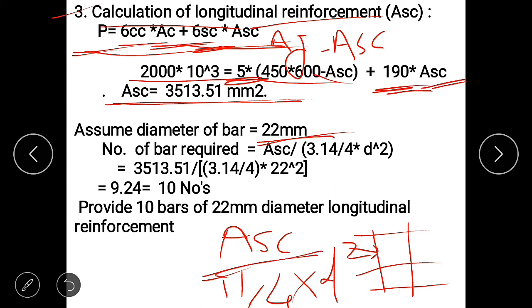ASC, in step number 3 we calculated, is 3513.51. Pi value is 3.14 divided by 4, and the assumed diameter is 22. So the answer is 9.24. Take an even number. After 9.24 the even number is 10. So provide 10 bars of 22 mm diameter as longitudinal reinforcement. Okay.